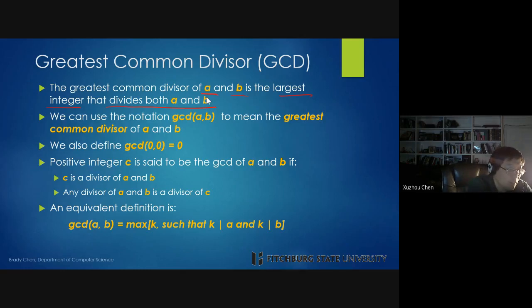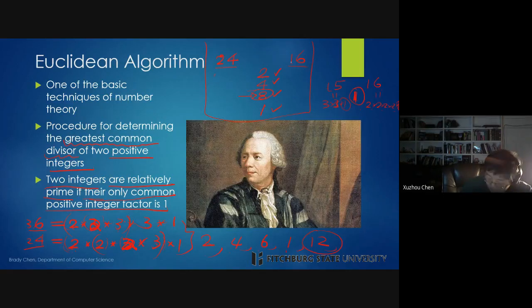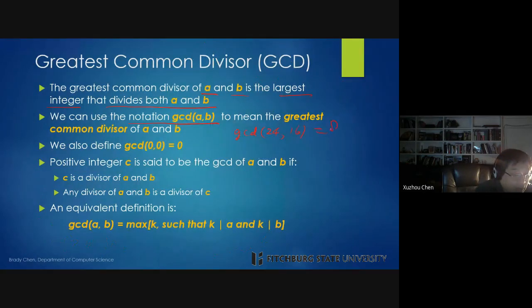So we can use the notation GCD of A and B. In other words, GCD of 24 and 16 is 8, right? GCD of 24 and 36 is 12, right?